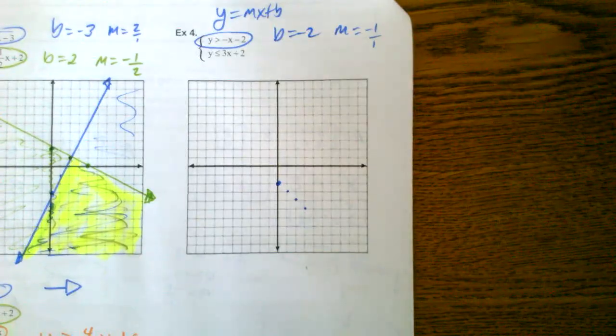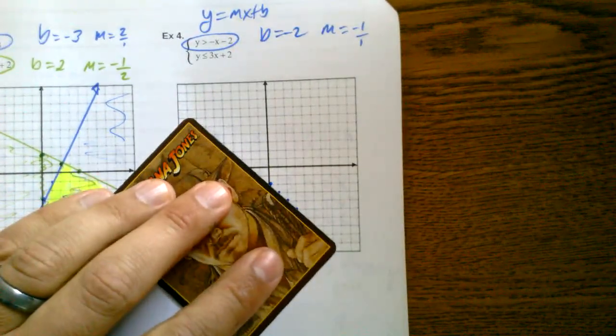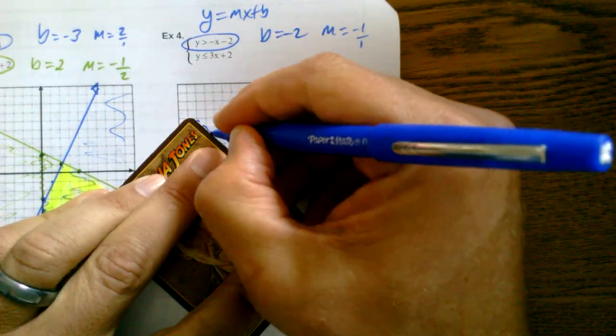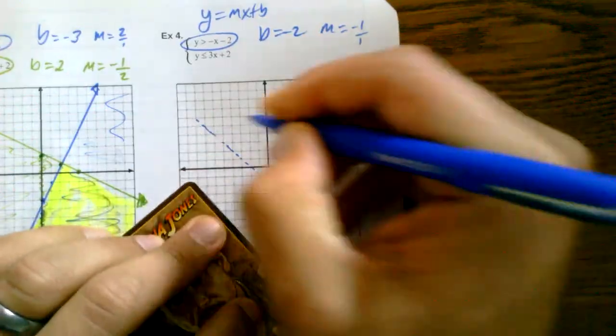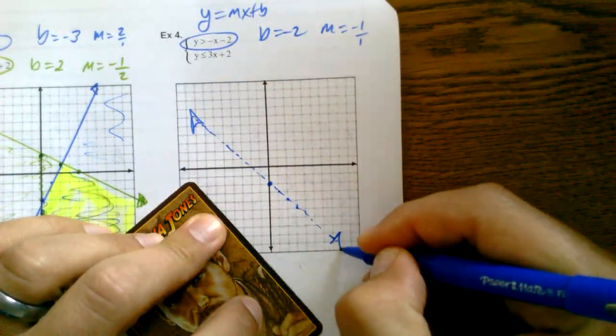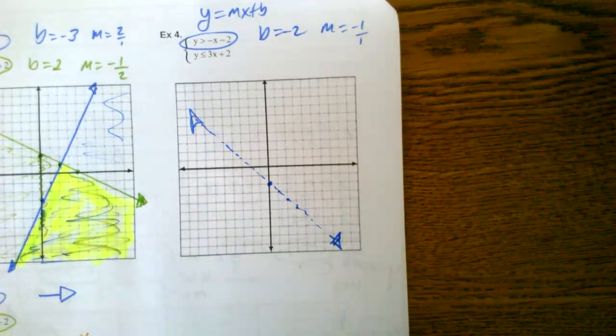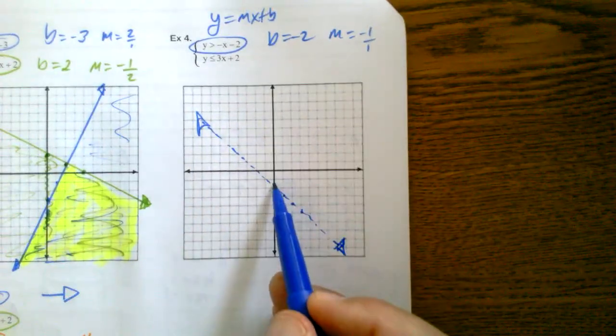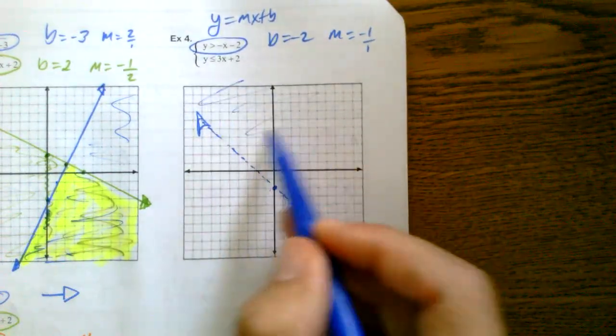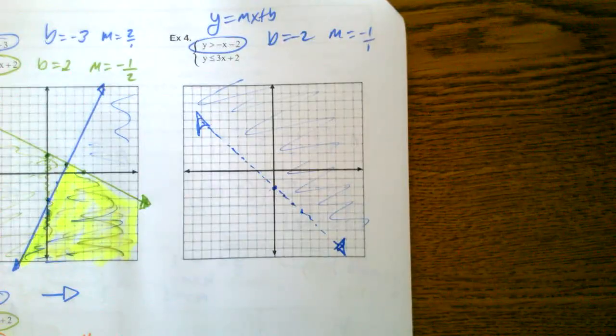It's not equal to, so that would be a dotted or dashed line. And then shaded, greater than is above. So find that y-intercept, shade above that y-intercept.